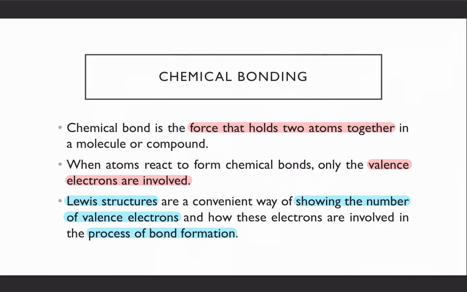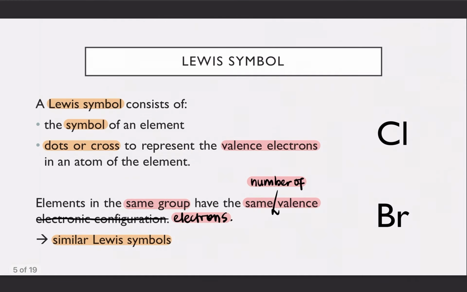In order to show how these reactions happen, we will be using Lewis structures. From Lewis structures, we can show the number of valence electrons and how these electrons are involved in the process of bond formation. So the bonds that we mentioned earlier are 3.